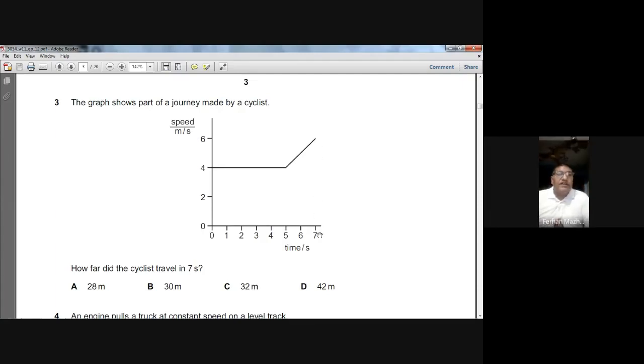So it will be 1 by 2 into 2 into 4 plus 6. So 4 plus 6 will be 10, multiplied by 2 it will be 20, 20 divided by 2 it will be 10. So the area of the trapezium will be 10, area of the rectangle will be 20. Add these areas, 20 plus 10 it will be 30.